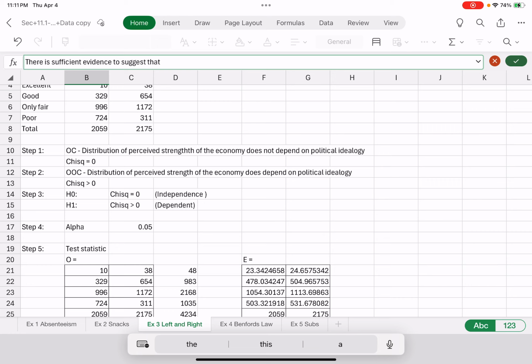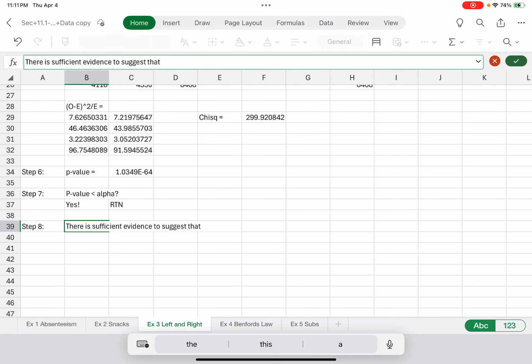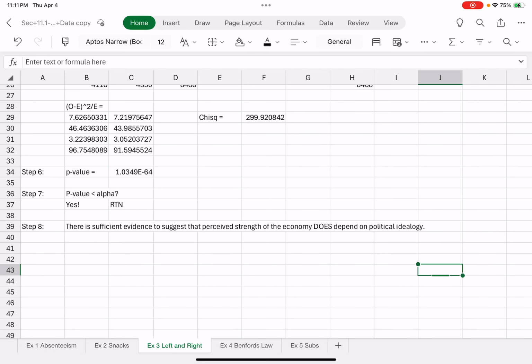The perceived strength of the economy does depend on political ideology. All right, very good.